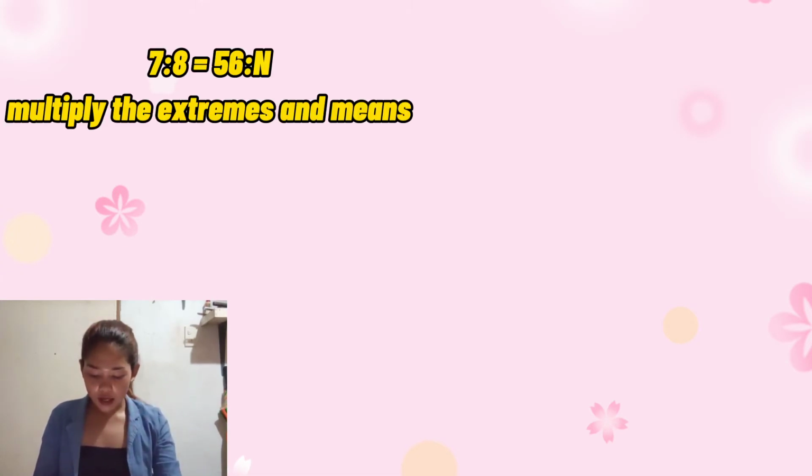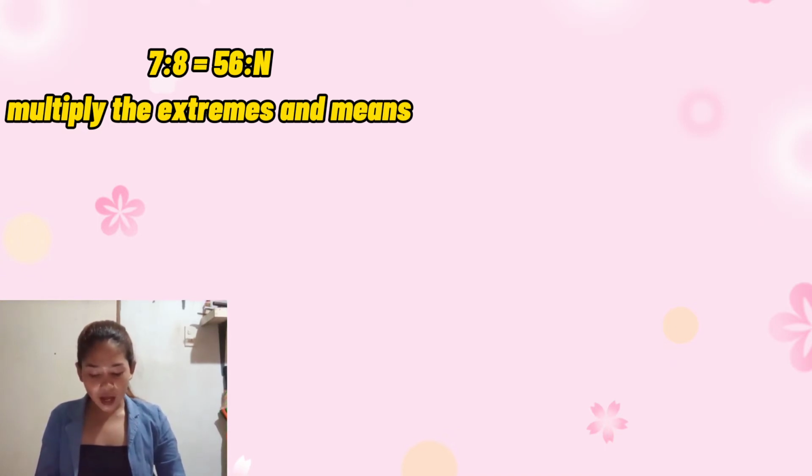Para masabtan jud, mag example ta. Just look at this example. 7 is to 8 is equal to 56 is to n. Let's find the value of n. This is a direct proportion.